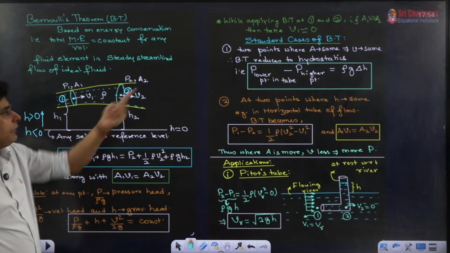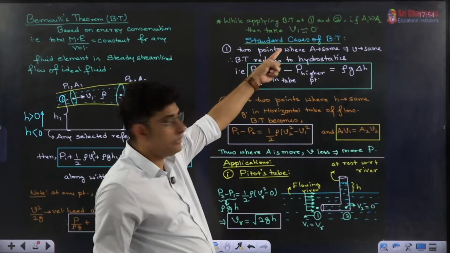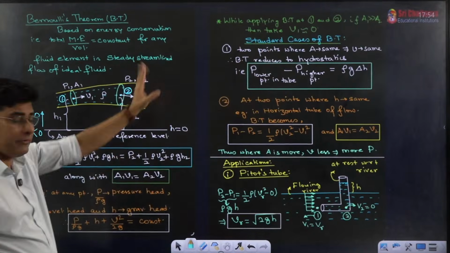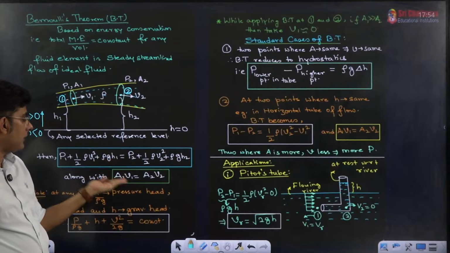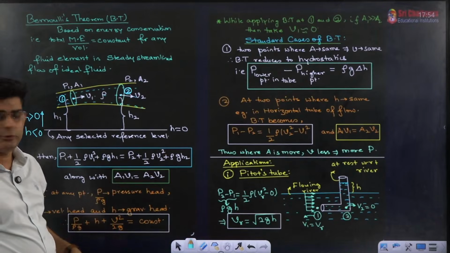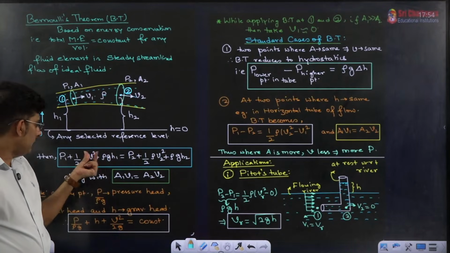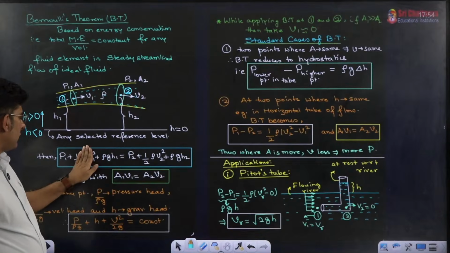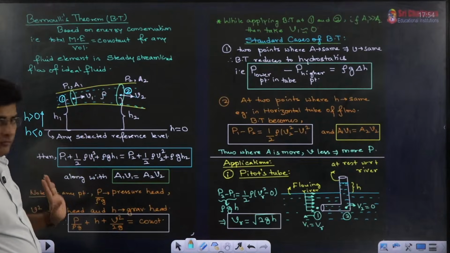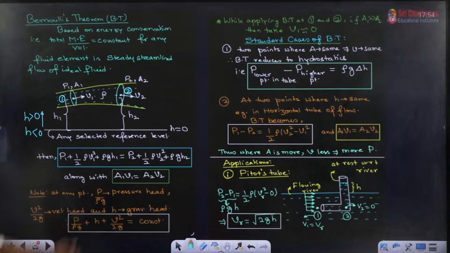For example, if A1 is very large, V1 is approximately taken as 0, not everywhere, only in this equation. Otherwise, if you put it in the second equation, you will not get any value. So in this equation, you can take V1 as 0, just for our convenience, we will neglect that term. And obviously along with the equation of continuity, we will be using that.